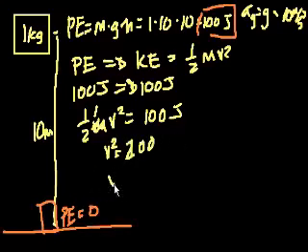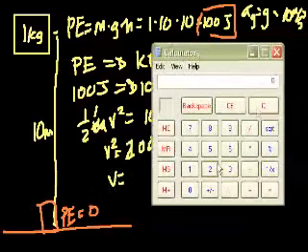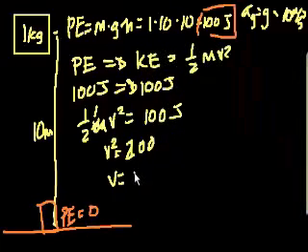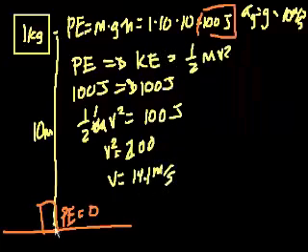And then v is equal to the square root of 200, which is roughly 14.1. The velocity is going to be 14.1 meters per second downwards, right before the object touches the ground.